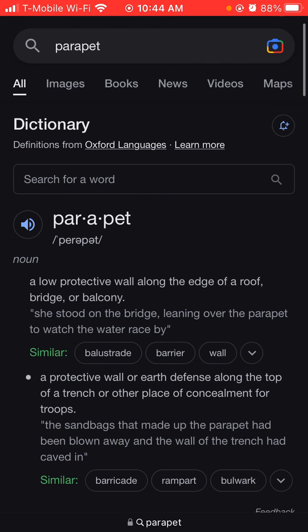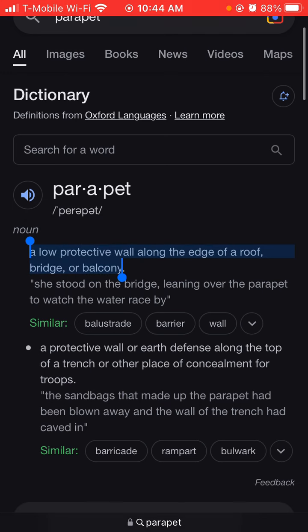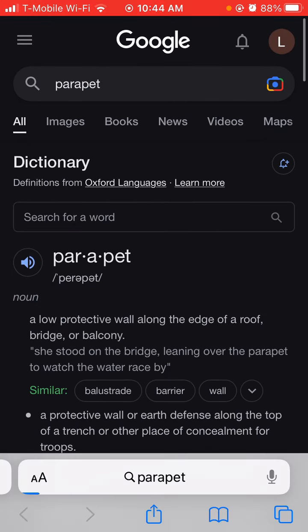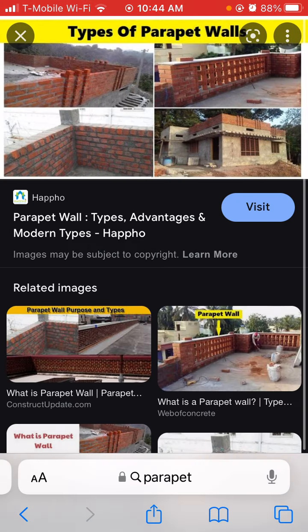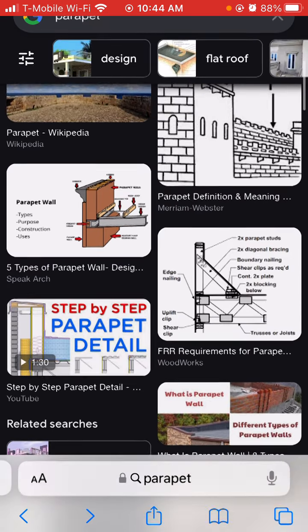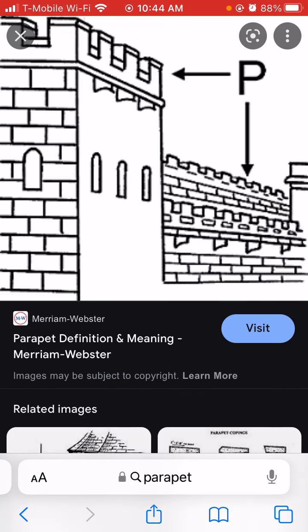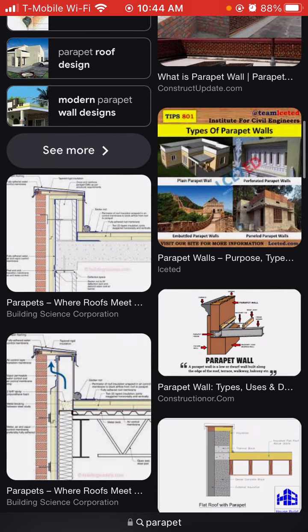It says a low protective wall along the edge of a roof, bridge, or balcony. So let's look at images of it. This is what a parapet is. You might have seen this before. A lot of times they had this in the ancient world for the houses.